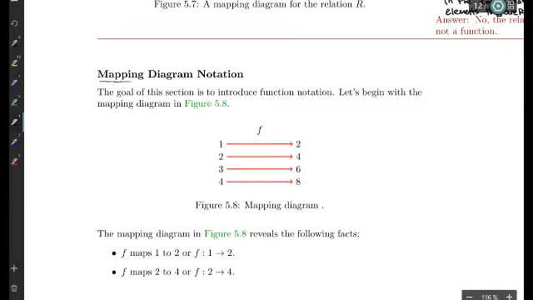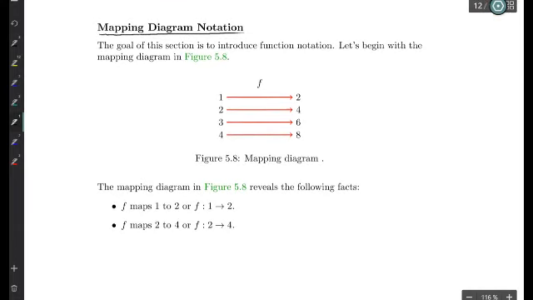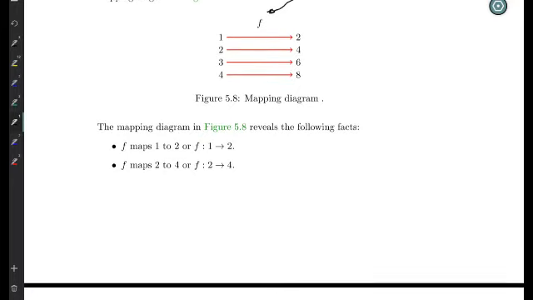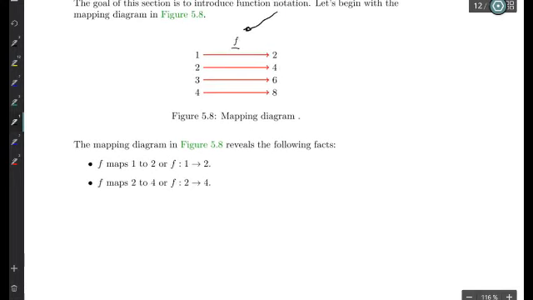Mapping diagram notation. Right. So here we want to introduce function notation, which we use letters for, Latin letters. So this mapping diagram here tells us the function f. So that's the name of the function.